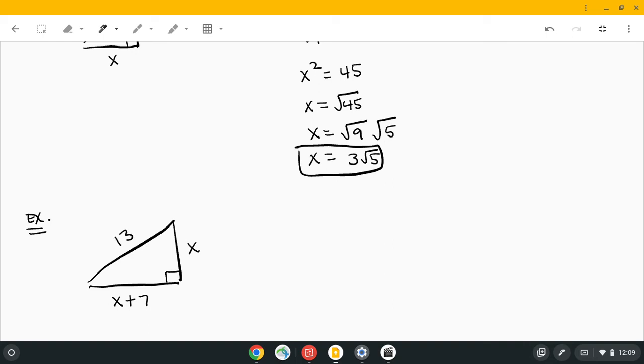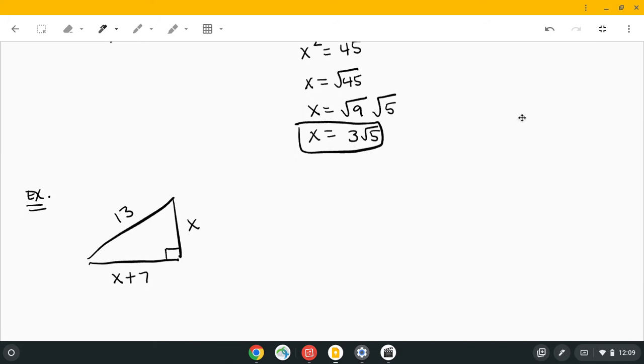So we still need to solve for x. We have a right triangle with all 3 sides, so we are going to use the Pythagorean theorem. So x squared plus (x plus 7) squared equals 13 squared.